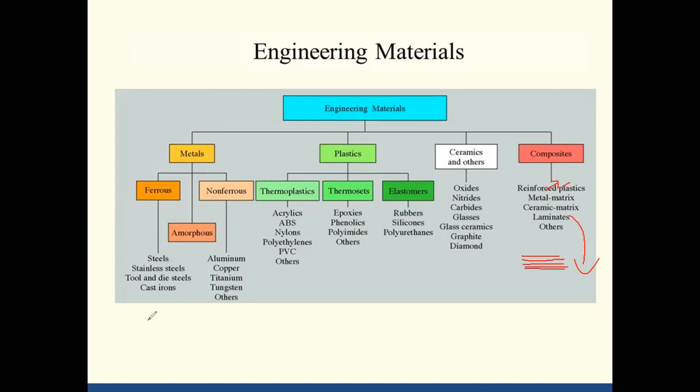Cast irons and steels are under the category of ferrous, so these have a chance of getting corrosion.